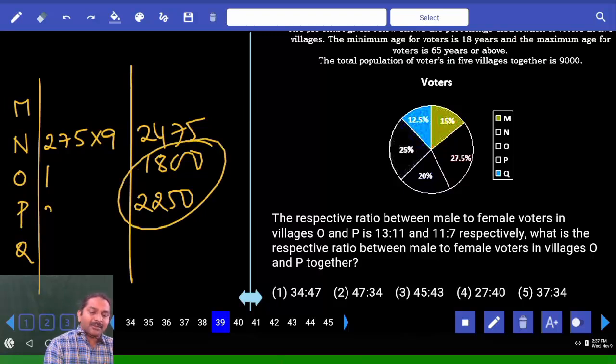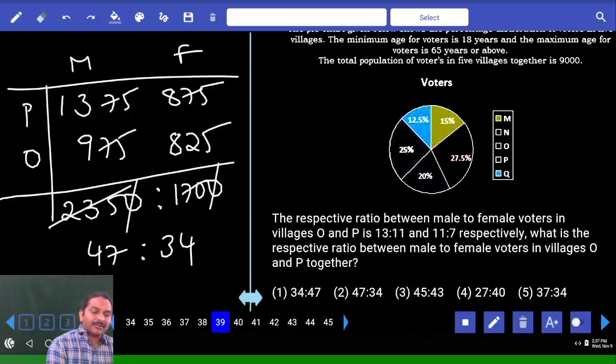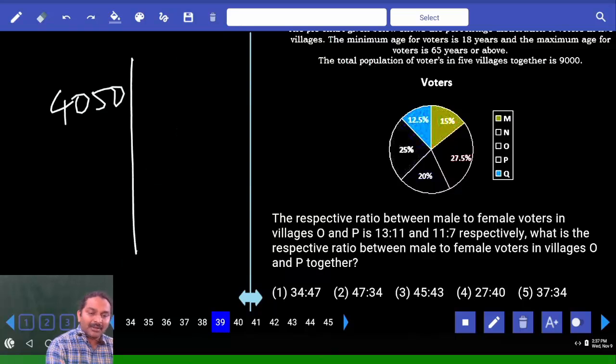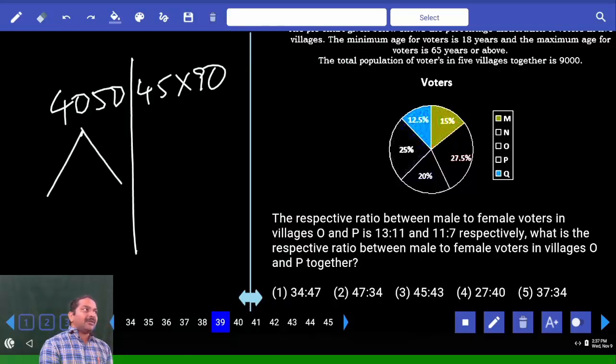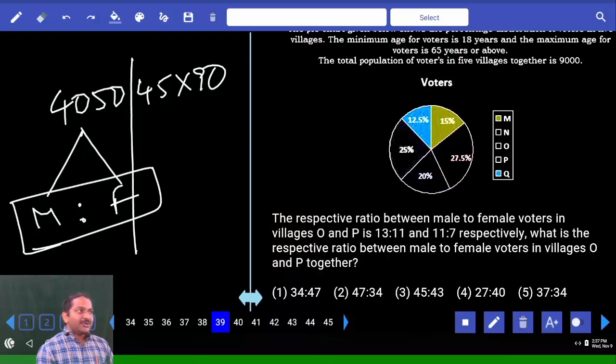Already we calculated O and P. How much is there? 40. This is a total. Come on. There we said 45 into 90. That is what we wrote. In this 4050 there are male and female, right? We were asked to calculate the ratio between these two. Total number of parts of male and female should be a factor of 4050.